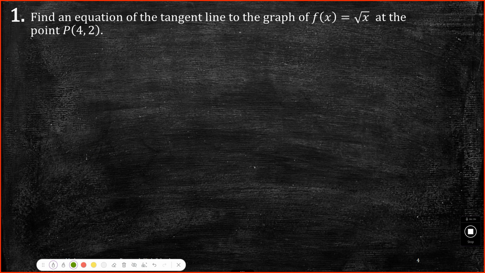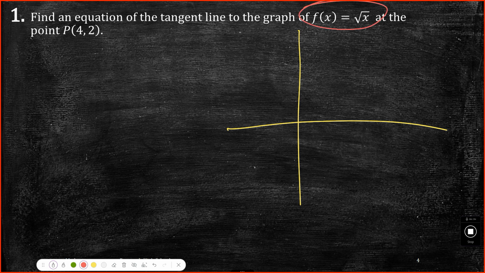In doing calculus, trigonometry and pre-calc are very important. If you have a solid foundation of pre-calc, then calculus becomes much easier to do. Square root of x is just a radical function, and the radical function goes like this.